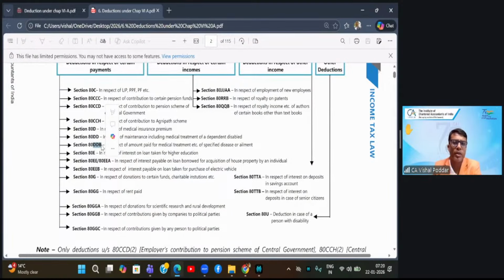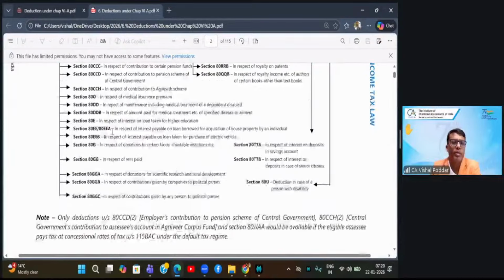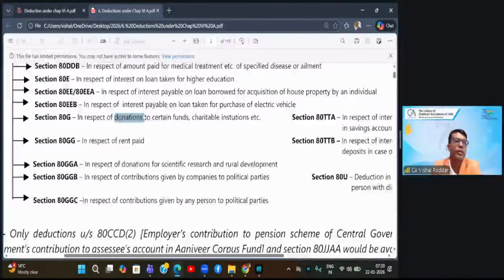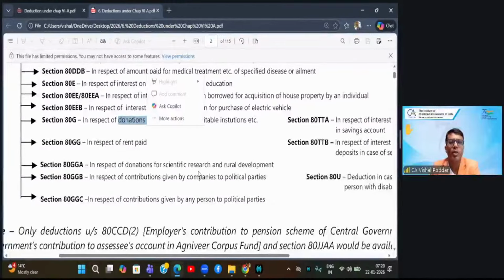Now we can see what is written in front of that. You will be able to understand why I'm giving these full forms. E for education. Most interesting, G. G for God, and for God there is donation. Right? So these are some illogical logics.